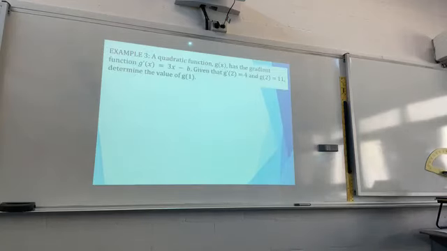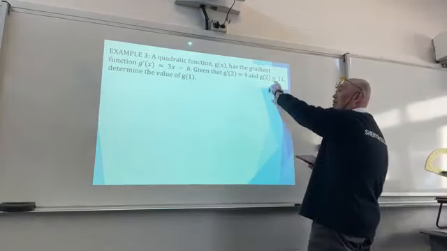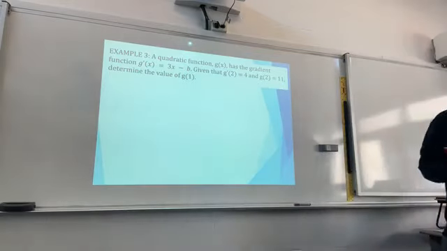So finally, example 3. A quadratic function g(x) has the gradient function of 3x minus b. Given that the gradient function g'(2) equals 4, and given that when x is 2, the function yields 11, you need to determine the value of g(1).